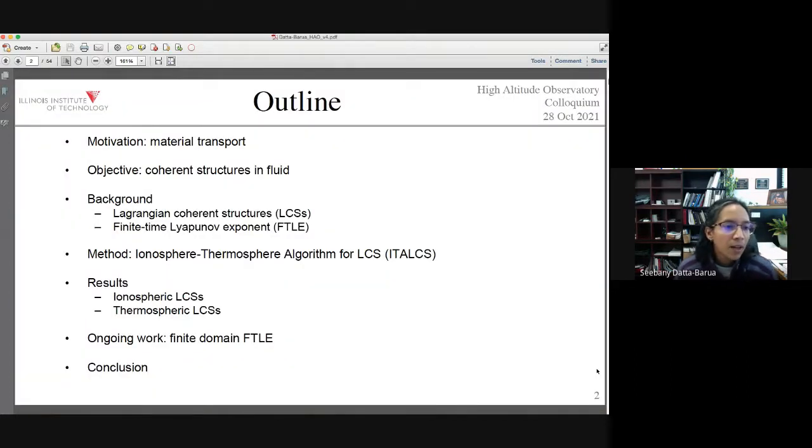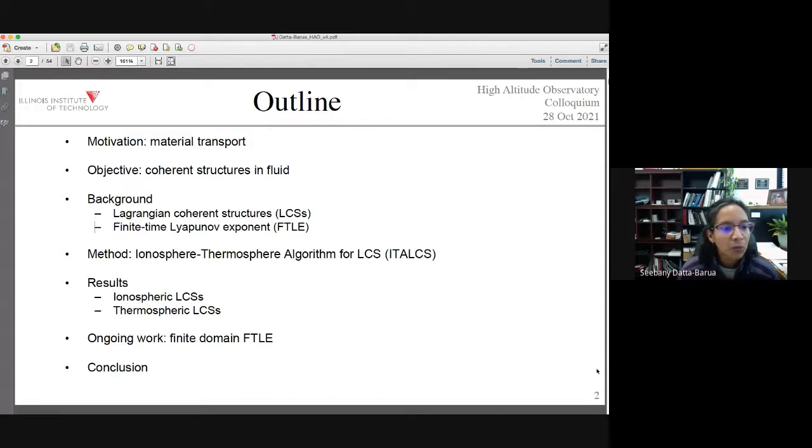So I'll go over the concept of why we might be interested in material transport, talk a little bit about what I mean by coherent structures before giving a little more detail on Lagrangian coherent structures, or LCSs, which are really quantified through the finite time Lyapunov exponent. So we'll talk more about that.